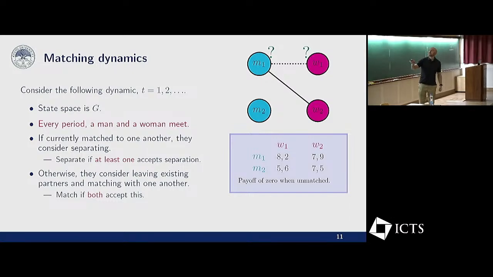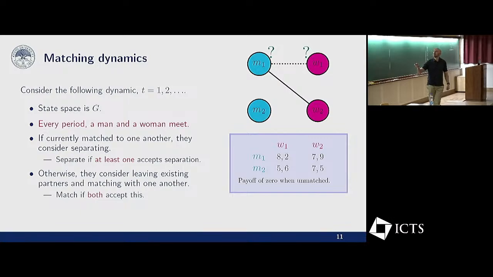So the state space is the set of matchings, and we're going to have a very simple dynamic that, well, the unperturbed version is originally due to Roth and van der Vate, where they were thinking, can we get to a stable matching through a reasonable process?